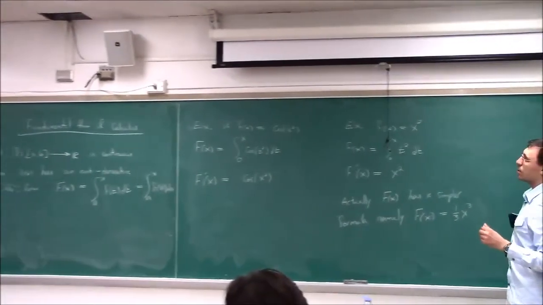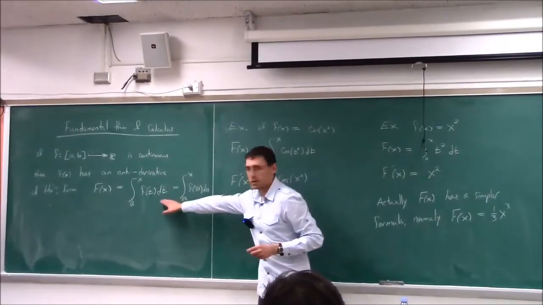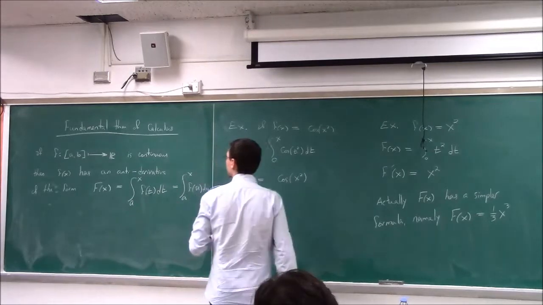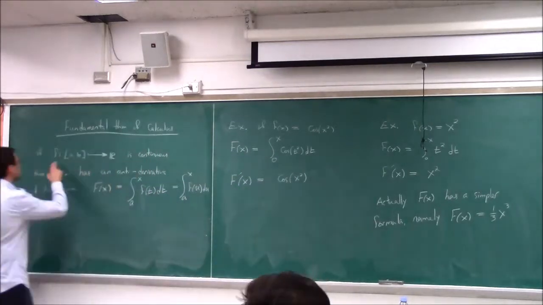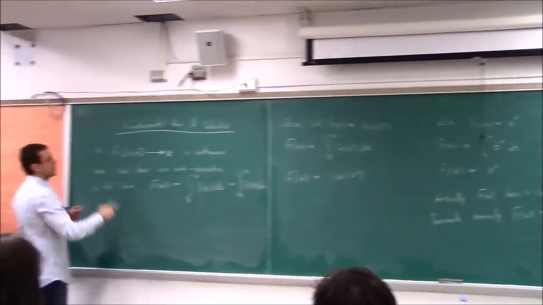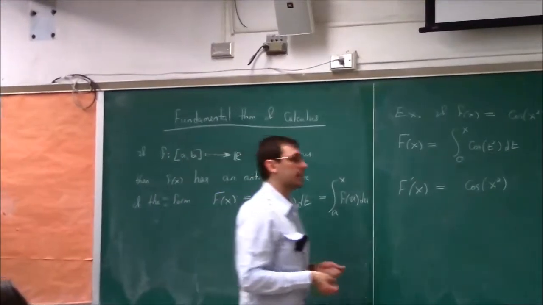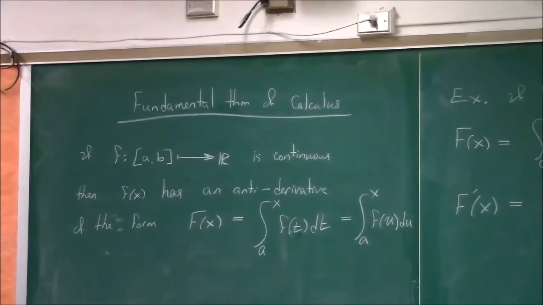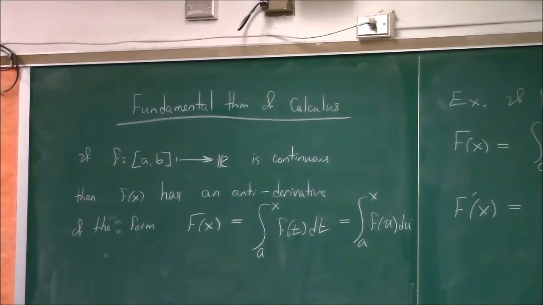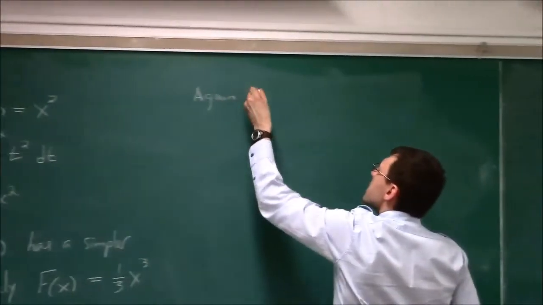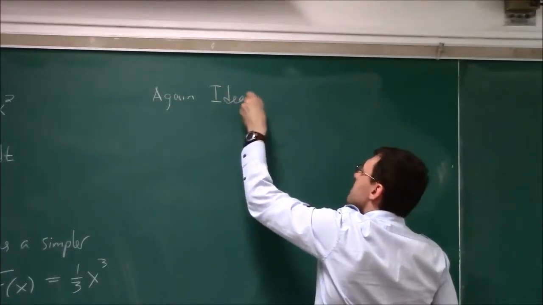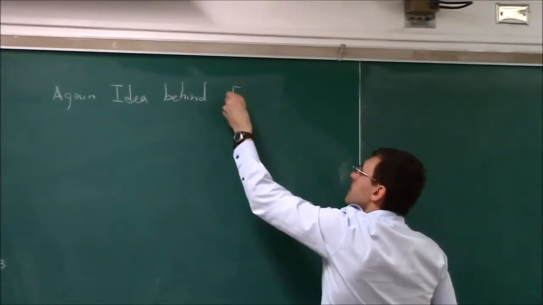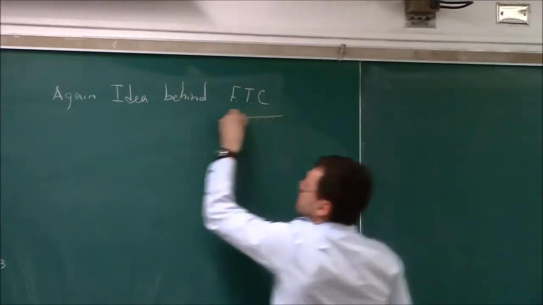Now, let's try to understand this theorem just once again. It's very simple if you understand this by drawing. So what's this idea? Why does the function have to be continuous? What's the idea of a continuous function always having an antiderivative? Again, the idea behind the fundamental theorem of calculus.